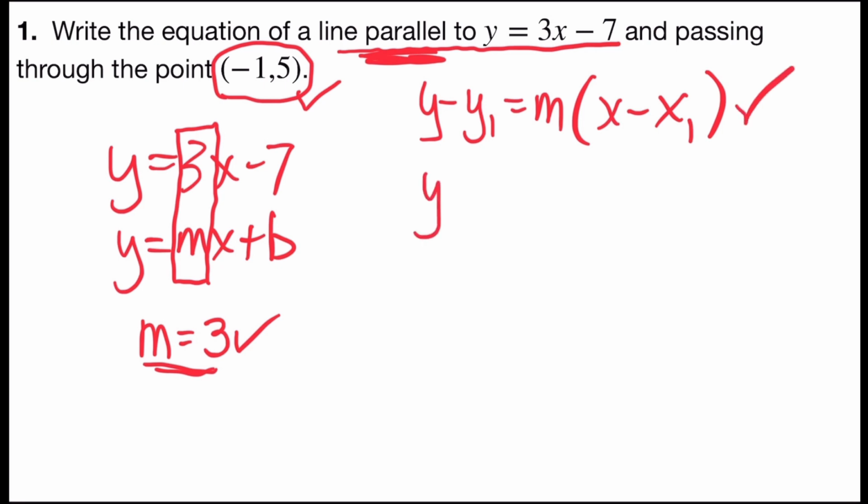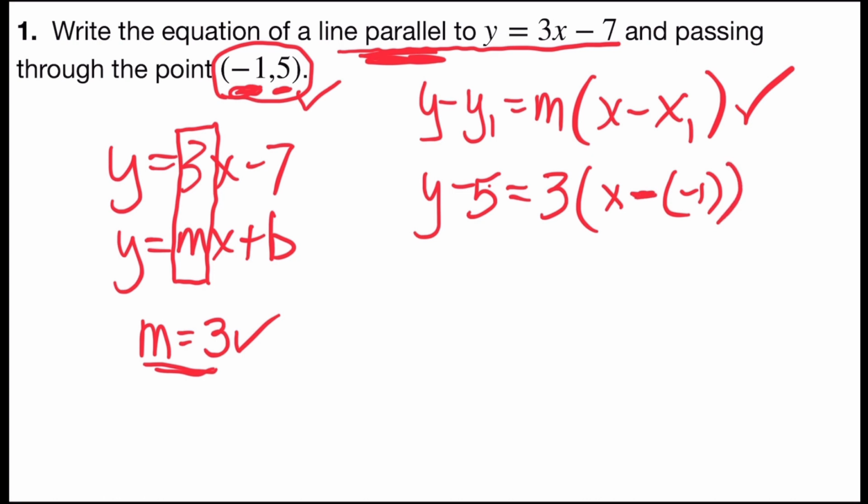So y minus the y-coordinate of 5 equals the slope of any line parallel to the given line, which is 3, times x minus, from the formula, the x-coordinate itself, which is -1. Remember, minus minus means plus, and now I can write the equation of the line that passes through that point that's parallel to the given line.